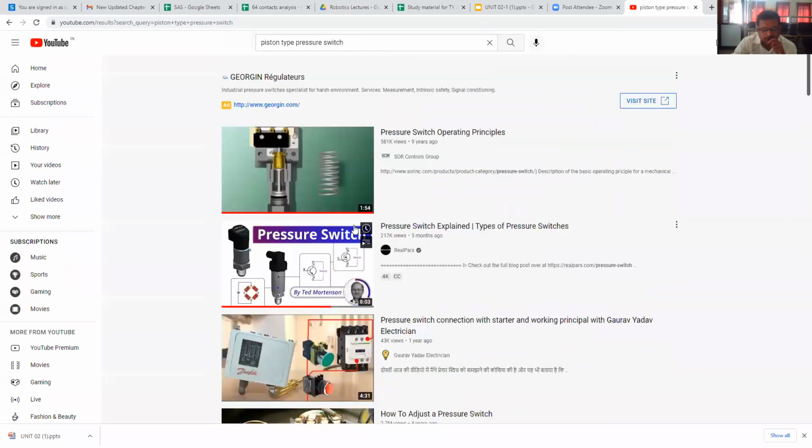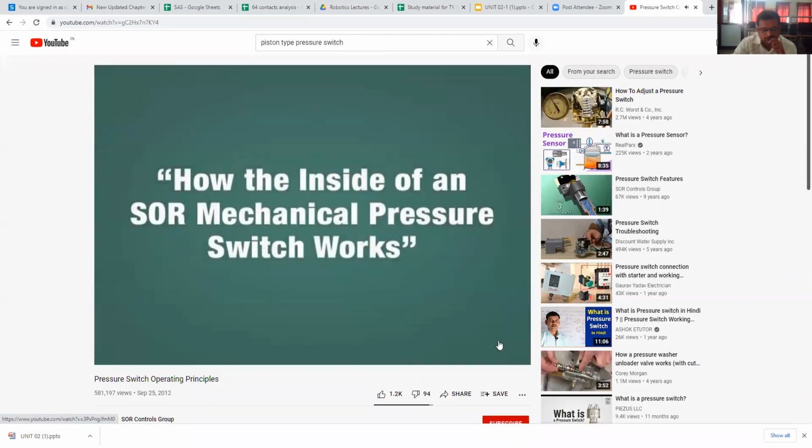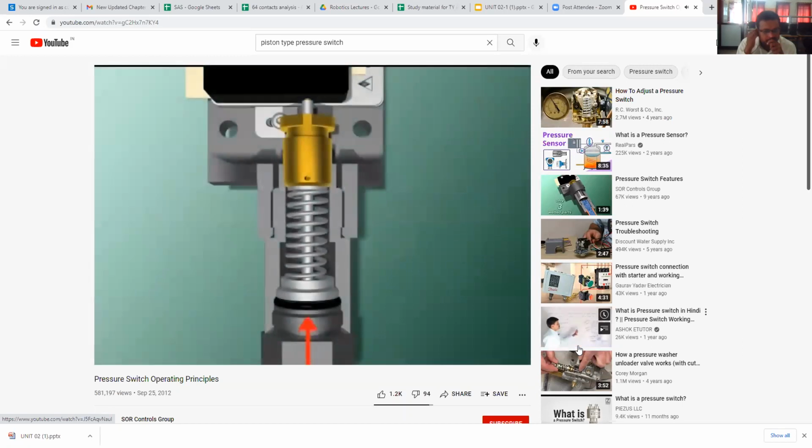Okay, in the first video itself, this piston type pressure switch is there. Already we have seen this. Liquid or gaseous pressure moves a piston, which in turn operates the switch. The process and its pressure are on one side of the piston, and the switch is on the other.